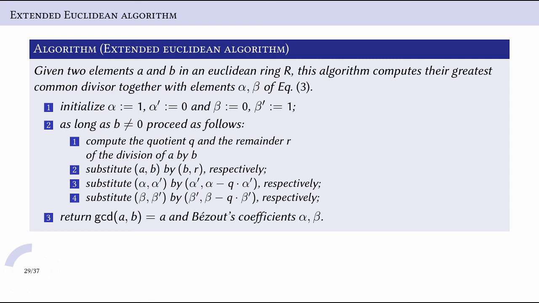So this algorithm extends the algorithm that we presented before, and besides computing the greatest common divisor, it computes the Bezout coefficients. The proof of correctness of this algorithm is just the proof of the Bezout theorem that I just presented, so there is no point in repeating it, but let me show you an example of how this algorithm works. I will use the same two integers as before.